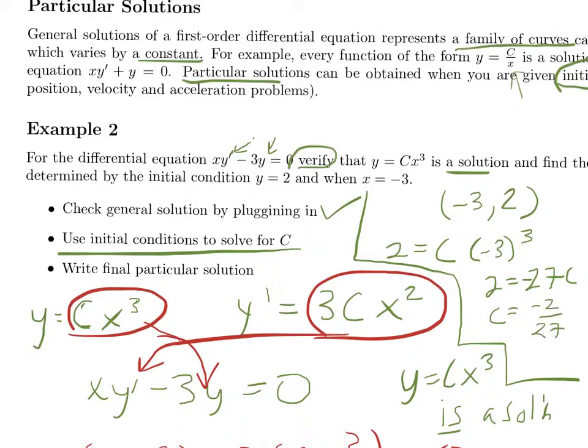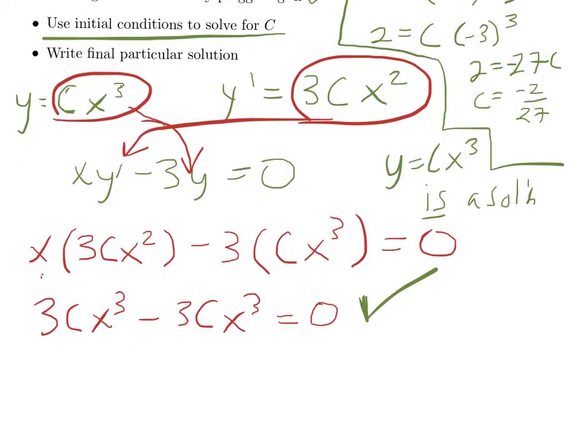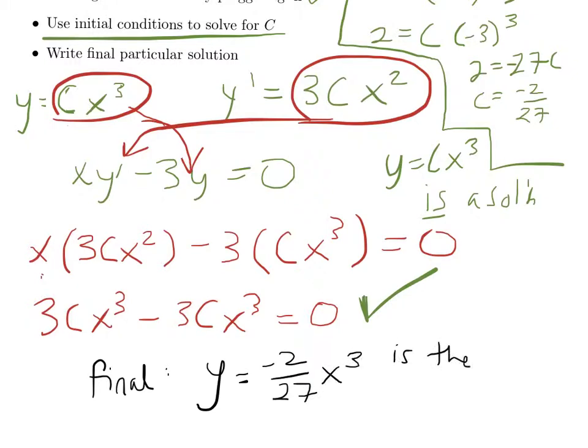All right, we still have not finished because our final answer should be a y equals function, not a c equals. Okay, so final answer, y equals -2 over 27 x cubed is the particular solution.